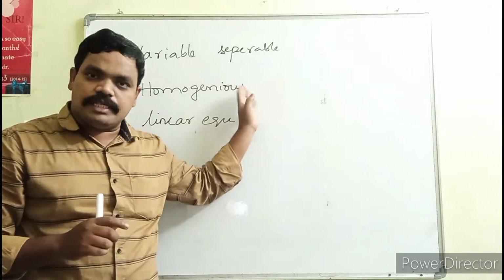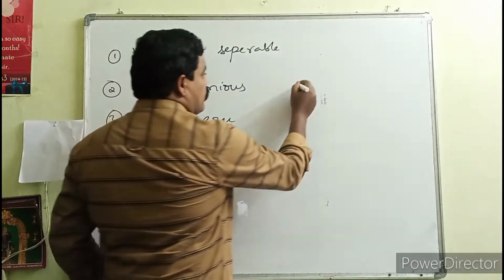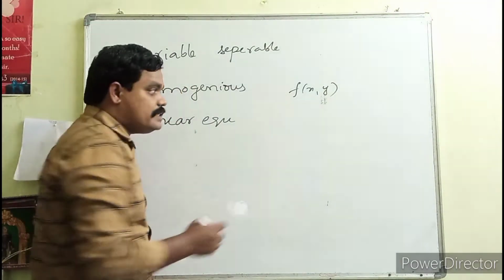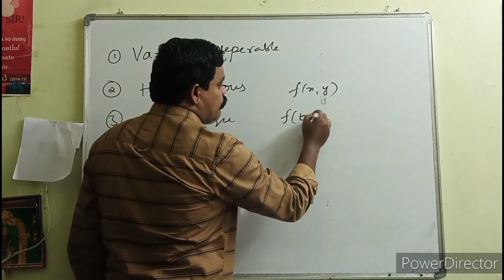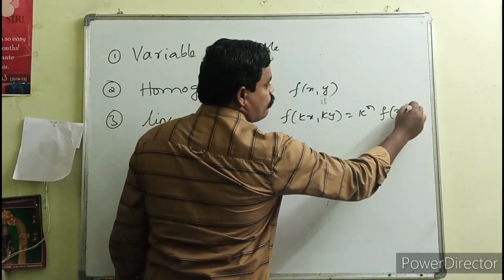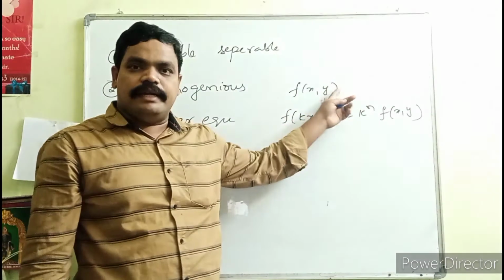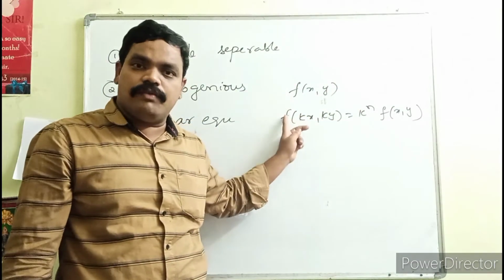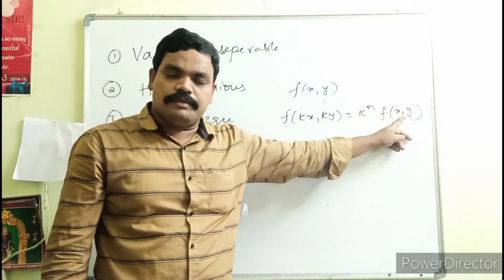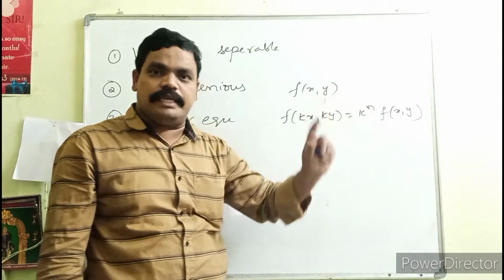Next, homogeneous equations. If f of x, y is any function and it satisfies the condition f of kx, ky equal to k power n into f of x, y, then f is an nth degree homogeneous equation.